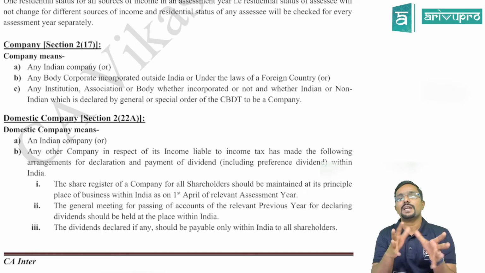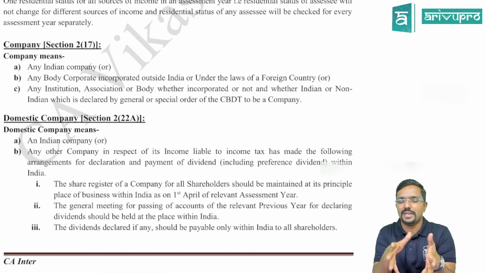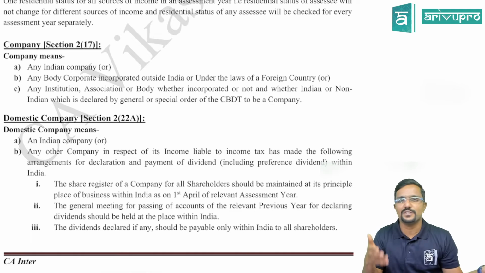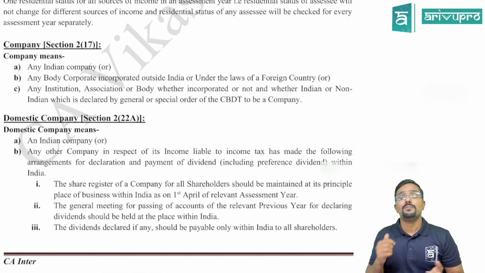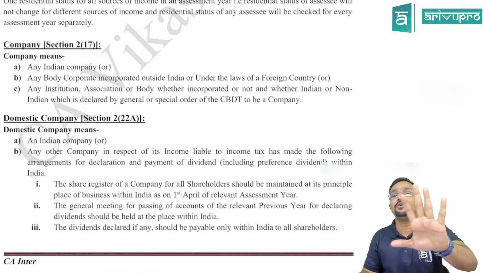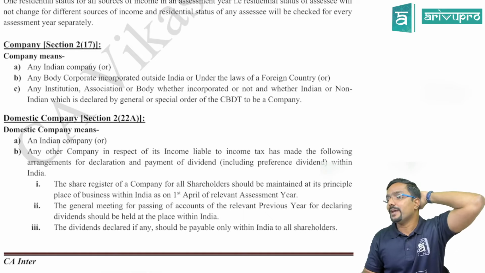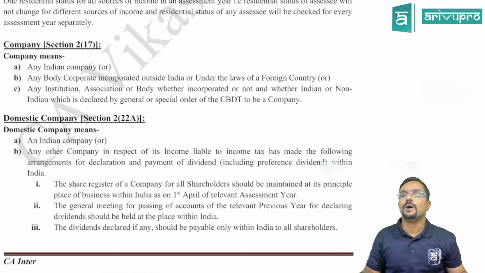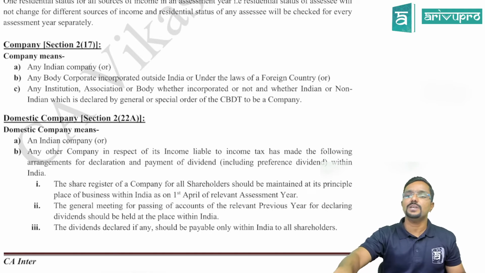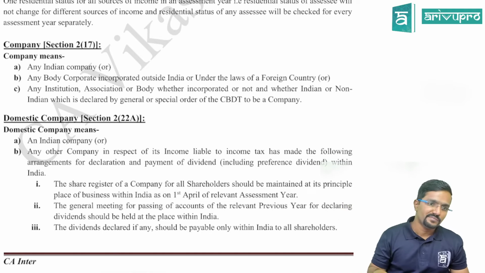So normally your category is not company. You are like either an association of persons or an institution like an educational institution or hospital. But the CBDT, that is the Central Board of Direct Taxes, has declared you to be a company by way of general order or special order. They have told that you are a company. So in that case only you will become a company.